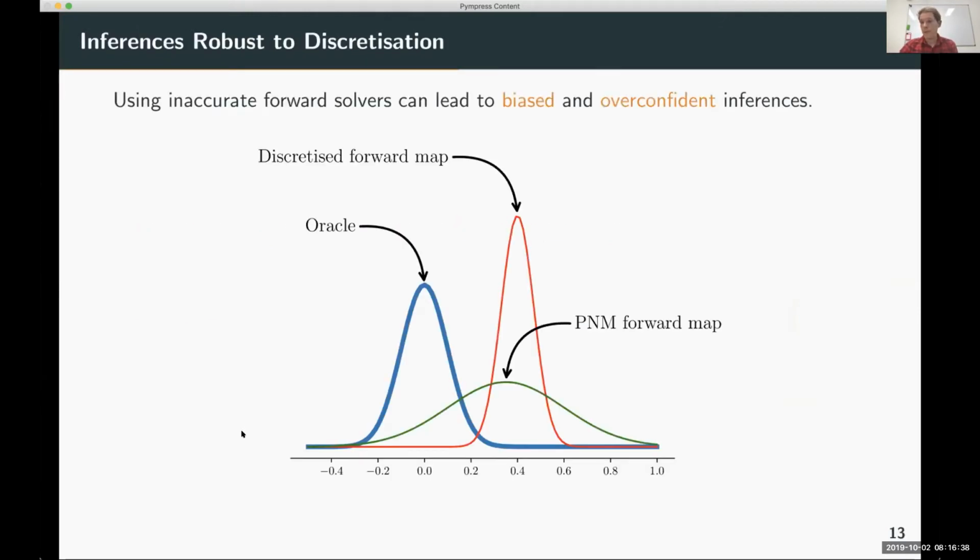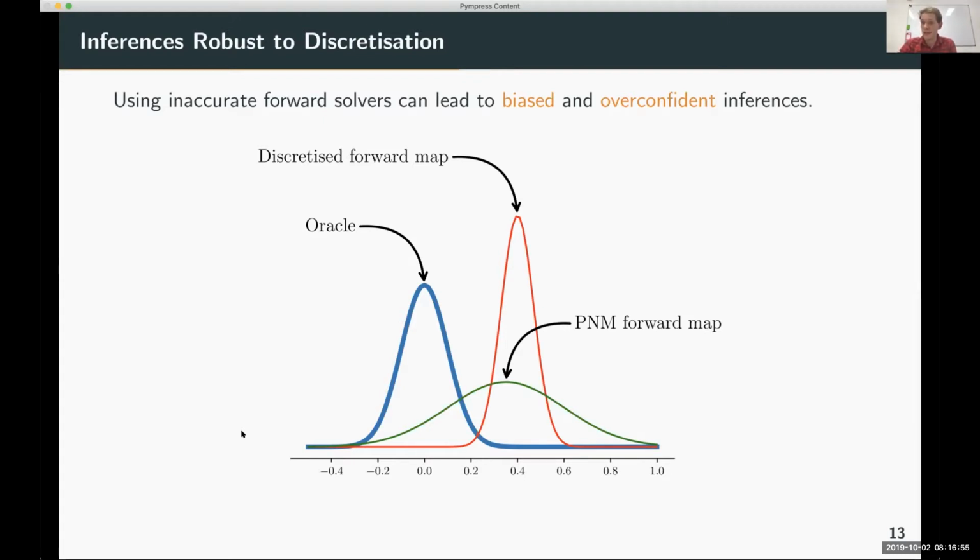So why might we be interested in using probabilistic numerical methods to solve linear systems? Well, the motivation that appears in this paper is in an application of probabilistic numerical methods as forward solvers for Bayesian inverse problems. So the conjugate gradient method isn't a silver bullet.